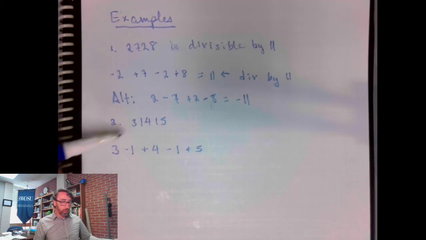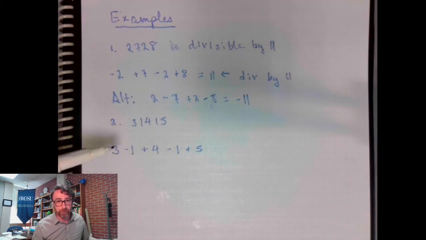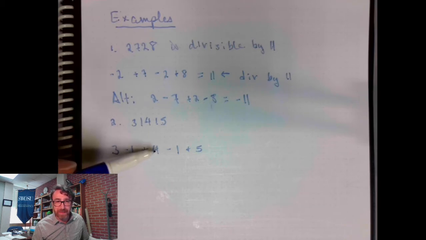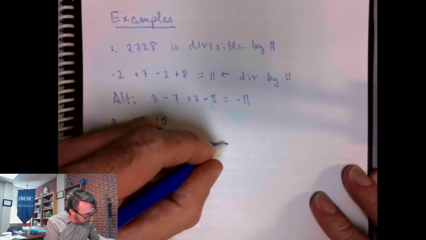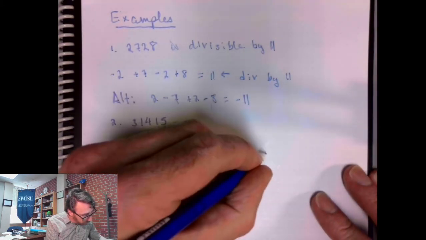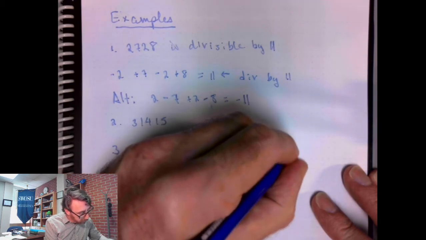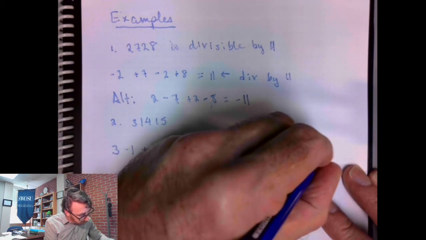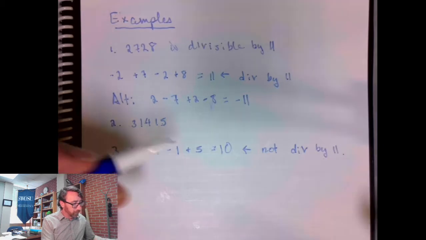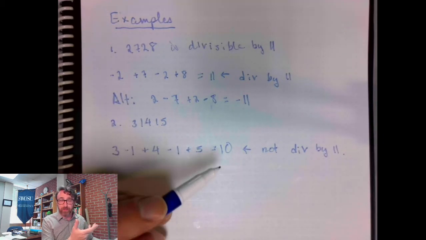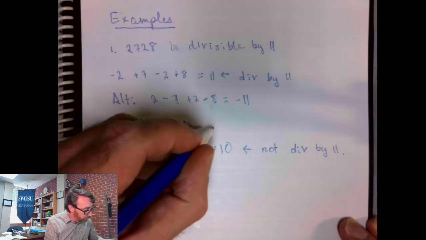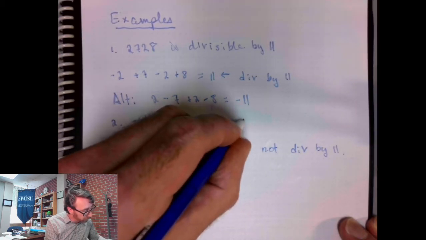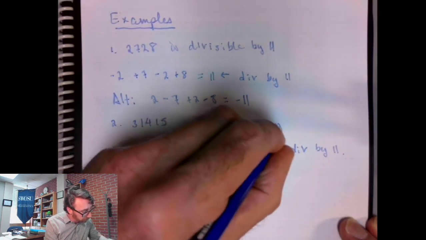So we're looking at this alternating sum of the digits. So 3 minus 1 is 2, plus 4 is 6, minus 1 is 5, plus 5 is 10. Of course, 10 is not divisible by 11, and that means that this original number is not divisible by 11.